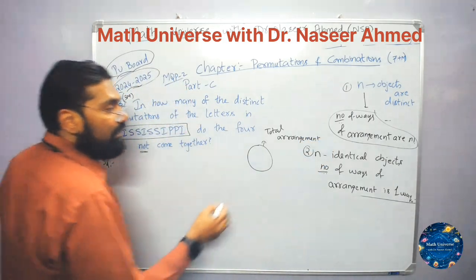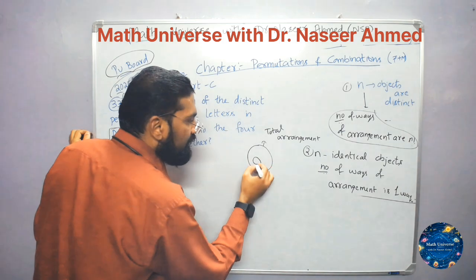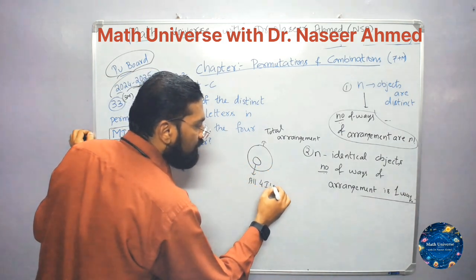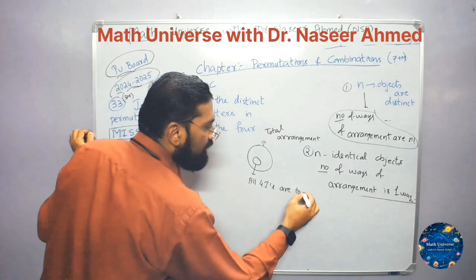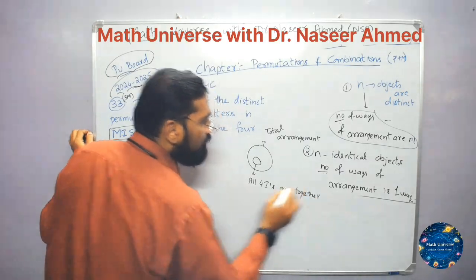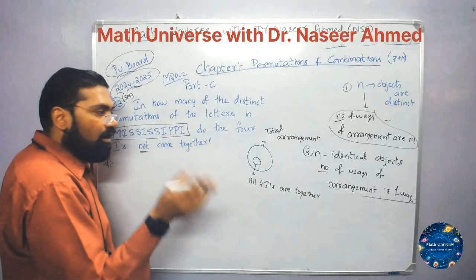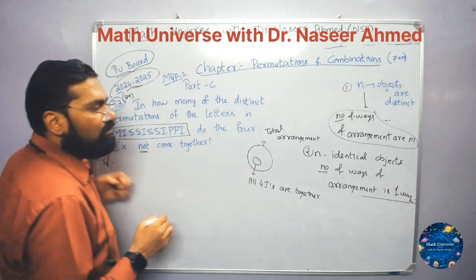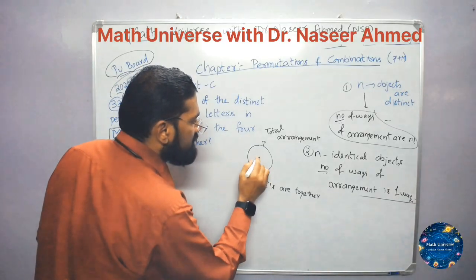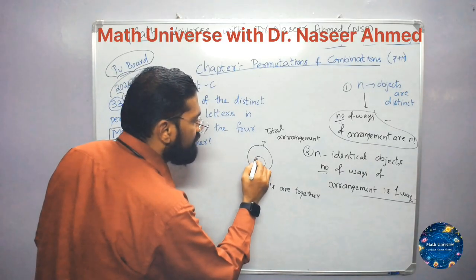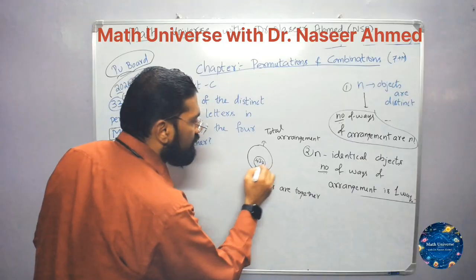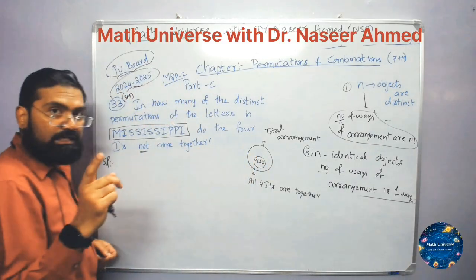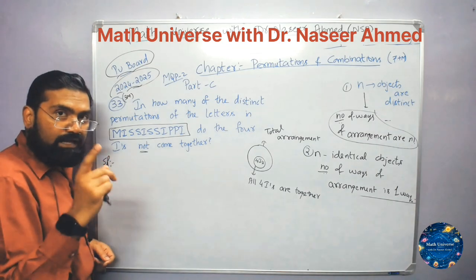But I can also find one particular part where all 4 I's are together. I have all the 4 I's present and all those arrangements are present here. So here I have all those arrangements in which all 4 I's are together. Now it means this remaining part will be those arrangements where all the 4 I's are not together.